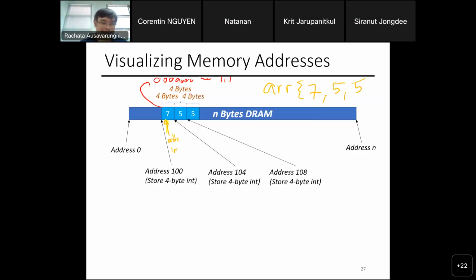Any questions so far on how addresses work? This is basically how addresses work. If I go to ARR of 1, what value will I get? The value is 5, and the address is 104.